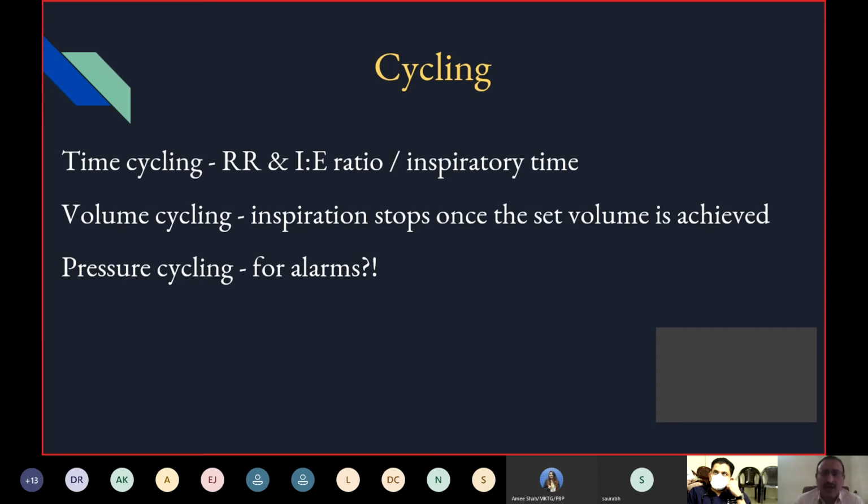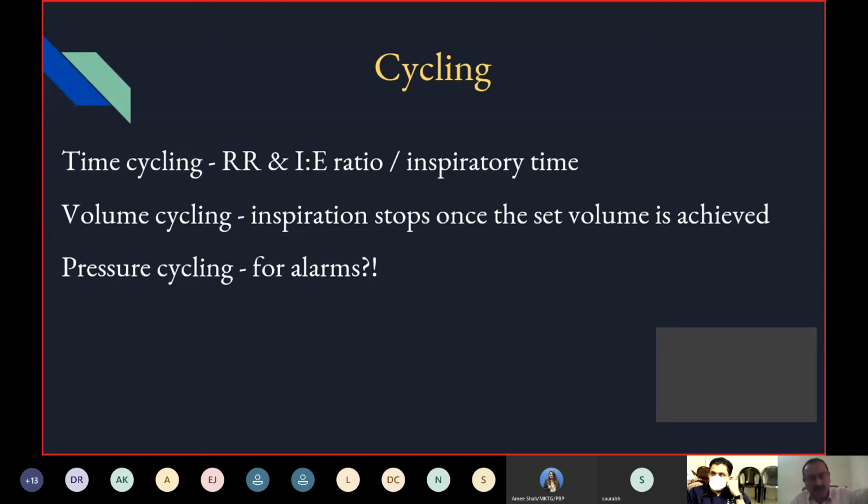Pressure cycling is mainly for alarms. Now you might be thinking about pressure control ventilation, but in pressure control ventilation, the ventilator doesn't cycle into the expiration phase as soon as it reaches the pressure. It cycles only as per the time. So what is pressure cycling? Suppose you have set a pressure limit, P max.